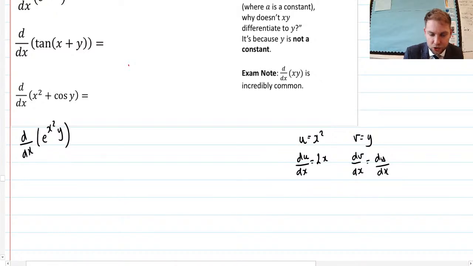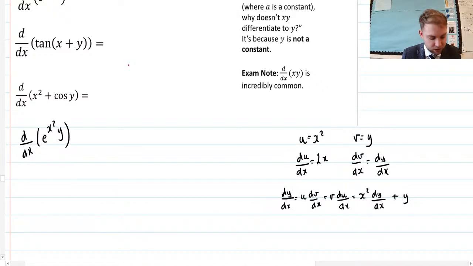Okay, so then I'm going to sub it into dy by dx, which is equal to u dv by dx plus v du by dx, which is equal to u, which is x squared, times dv by dx, which is dy by dx, plus v, which is y, times du, which is 2x, so that's going to be 2xy.